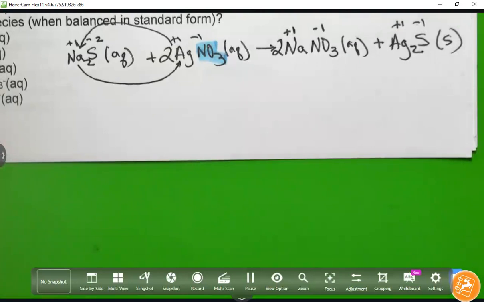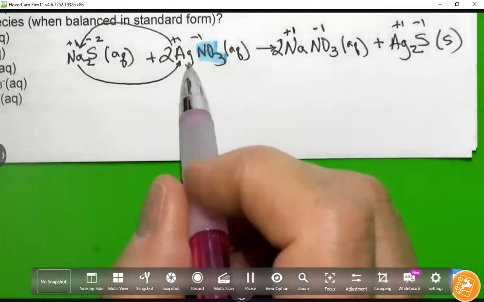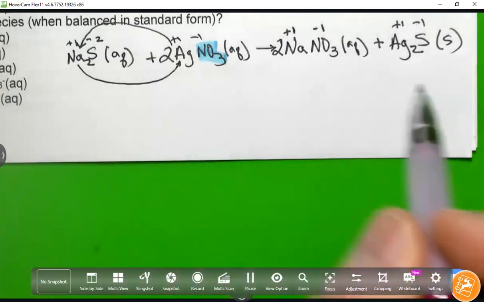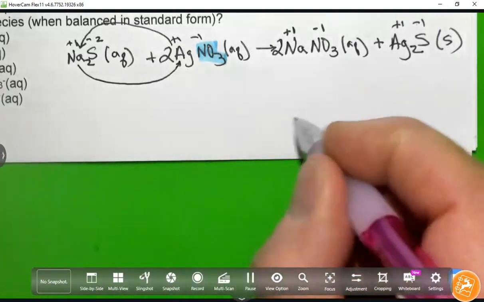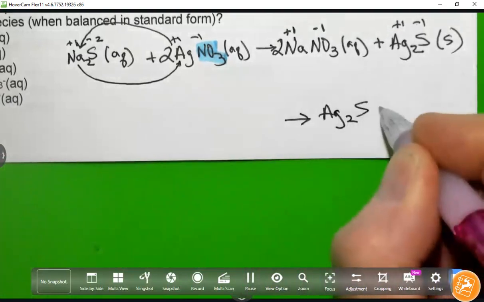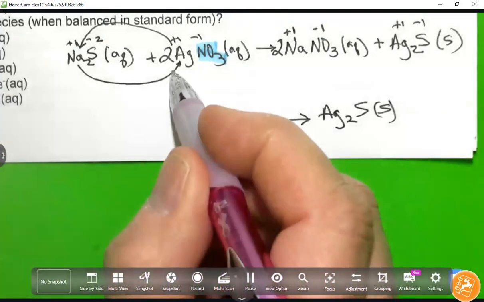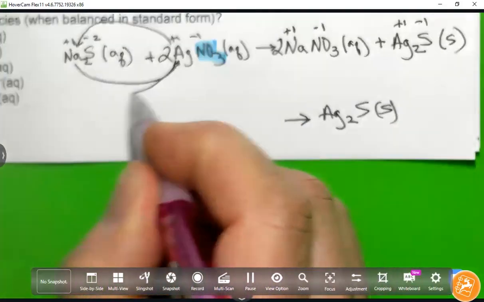We could. But let's do this. We're going to go right to the net ionic. We're making silver sulfide solid. What 2 ions make that? These 2 silvers right here.